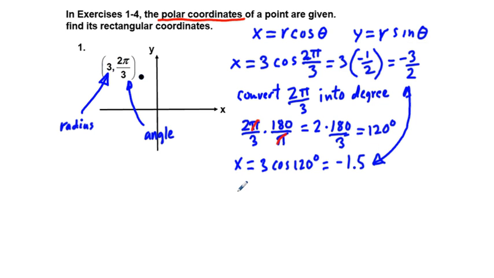Next, for y, well, y is equal to 3 sine, in this case, of 2 pi over 3, and the sine of 2 pi over 3, I happen to know, is square root of 3 over 2.